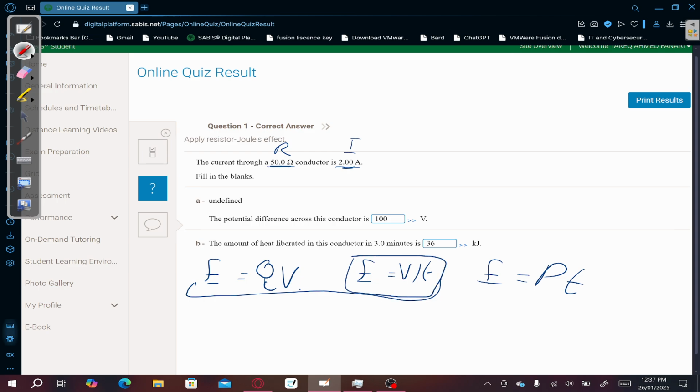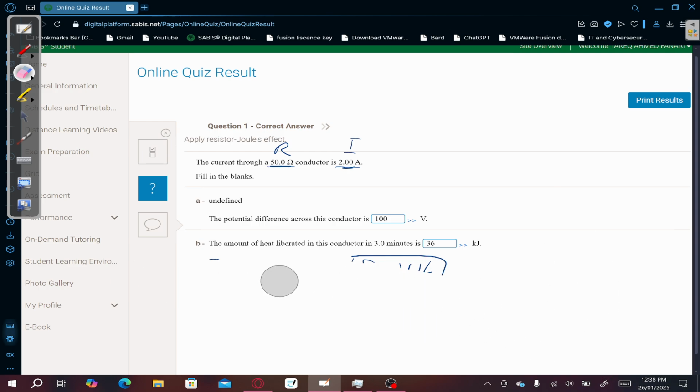Now, when would I recommend using this one? You can't use it for any case, right? Like you can use it for the same cases as these other two. However, I would only recommend using E equals PT when you have a part that asks the power on this conductor, on the power on this resistor, whatever. If you have power in one of the parts of the questions, use this because then it's going to be really easy. Otherwise, you're just wasting time. So my best recommendation is using these two. However, I'll use all of them in solving this question now.